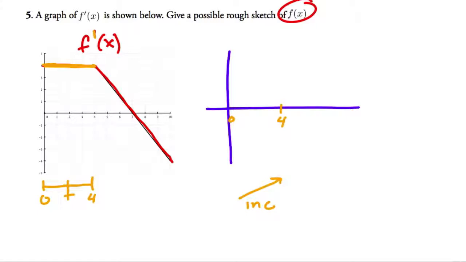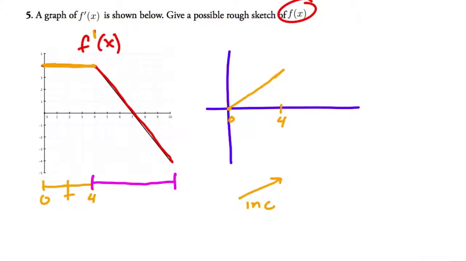Now remember, your antiderivative could start anywhere along the y-axis as long as you don't have any information about your function. So, let's just say we start it here, and it's going to start going up like that.